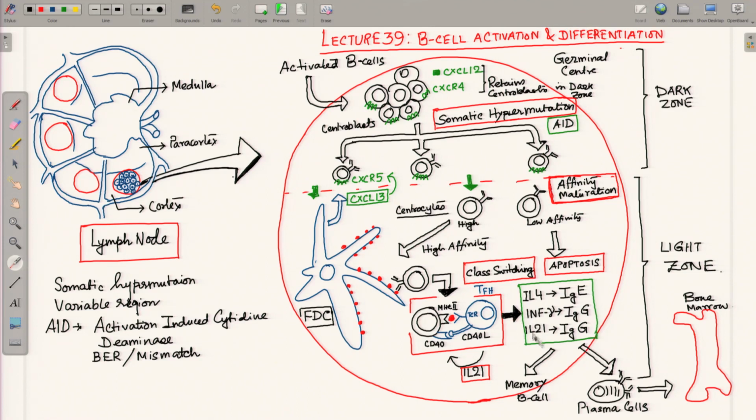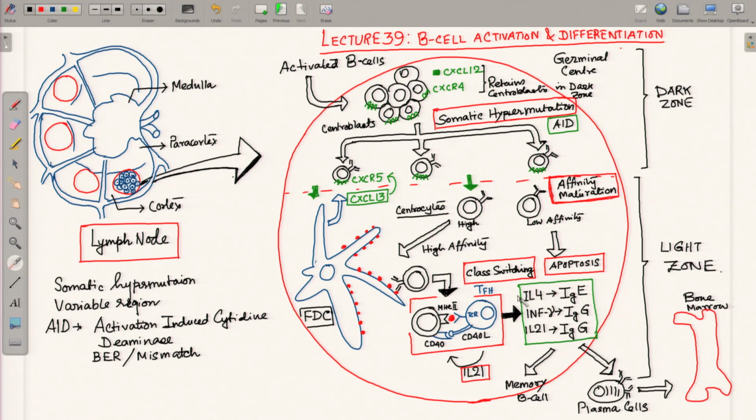These cytokines include interleukin 21, which, as we know, is typically secreted from the TFH cells, and that is required for the survival as well as the proliferation of these centrocytes. They will also produce specialized cytokines like interleukin 4, interferon gamma, and interleukin 21, which lead to the class switching phenomenon.